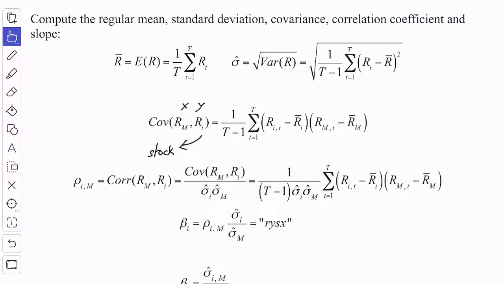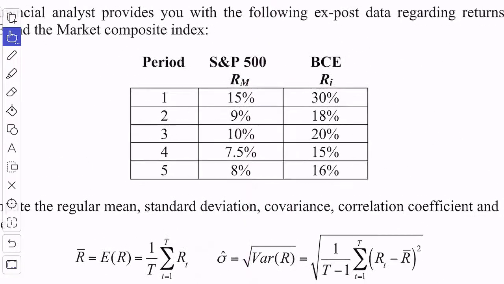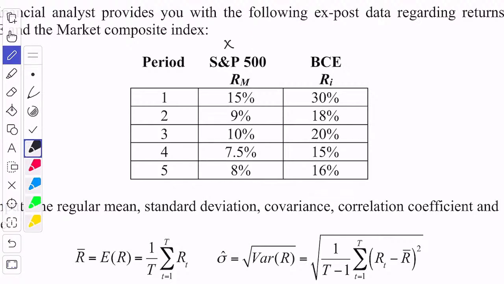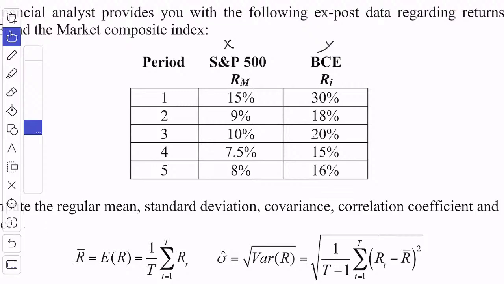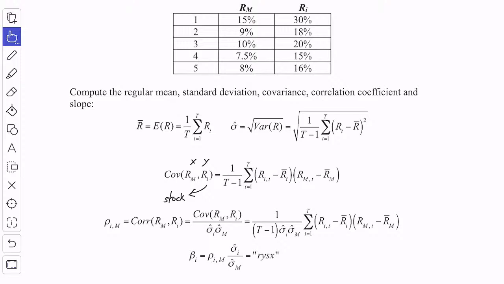So on the top where you have the data, notice I call this i and this m. So this is for the stock and this is for the market. But still, this will always be X and this will always be Y, with the market always on the X-axis, as though we're saying that the market influences the return to stock to some degree.